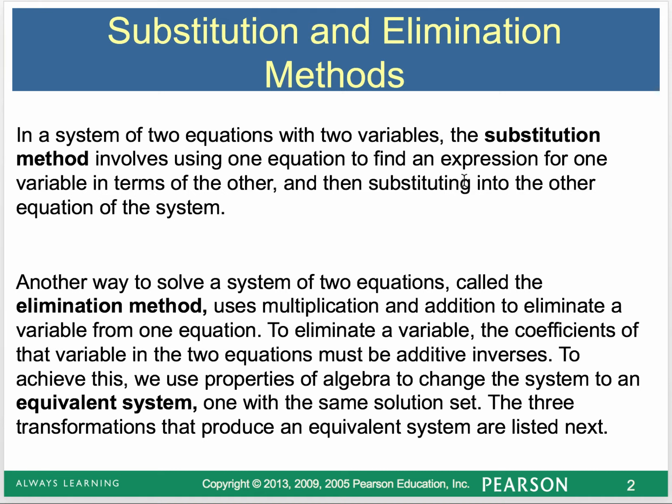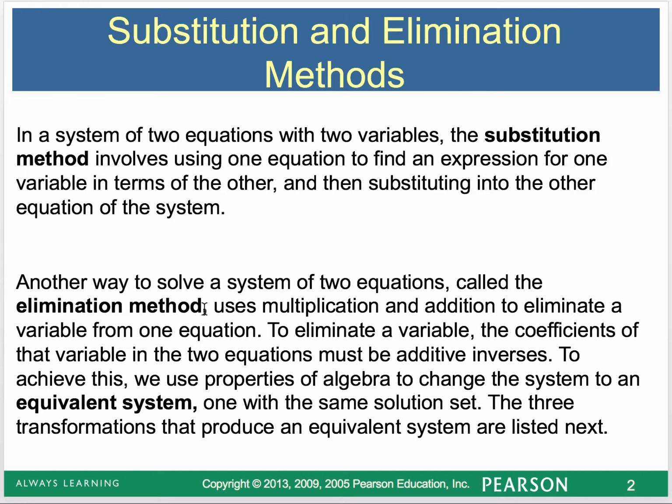One's called the substitution method and one's called the elimination method. You might also hear this as the addition method. This book calls it elimination. Technically it's elimination by addition, so sometimes you'll hear it as just the addition method. In the substitution method, we're going to solve one of the equations for one of the variables and then substitute it into the other equation.